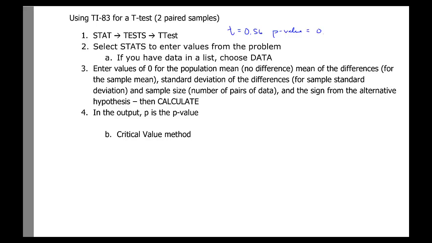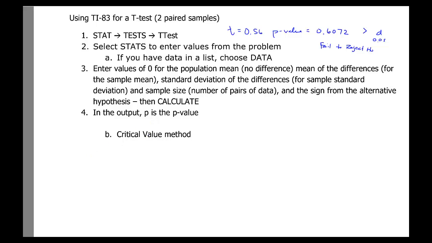We have an actual number. And it's definitely greater than alpha, which was 0.05. And we failed to reject the null hypothesis, which means there's no difference between the two predictions.